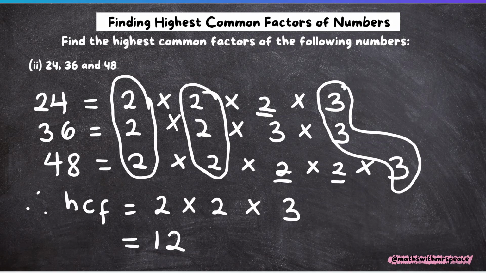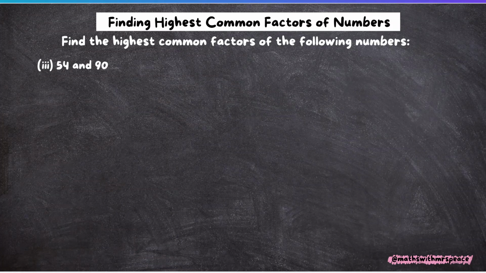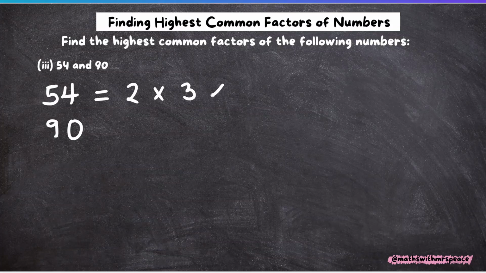We'll take one final example on HCF using the prime factorization method, and we have another pair of numbers here. Find the highest common factor of the following numbers: 54 and 90. So let's go ahead and express 54 and 90 as products of their prime factors. I'm going to express 54 as 2 times 3 times 3 times 3.